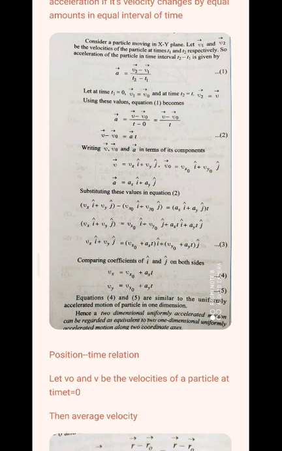Now combining the terms, arranging them and comparing the coefficients of i cap and j cap, we get vx is equal to vx naught plus ax t. So this is the equation v is equal to u plus at along the x-axis, and vy is equal to vy naught plus ay t, where vy naught is the initial velocity along the y-axis.